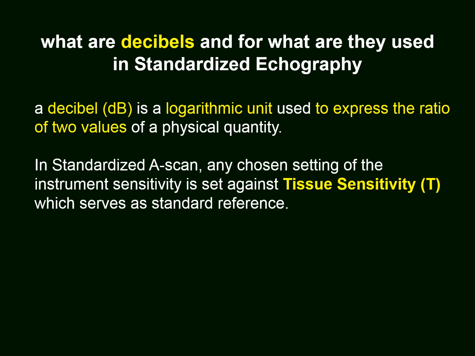A decibel, dB, is a logarithmic unit used to express the ratio of two values of a physical quantity. In standardized A-scan, any chosen setting of the instrument sensitivity is set against tissue sensitivity T, which serves as standard reference.